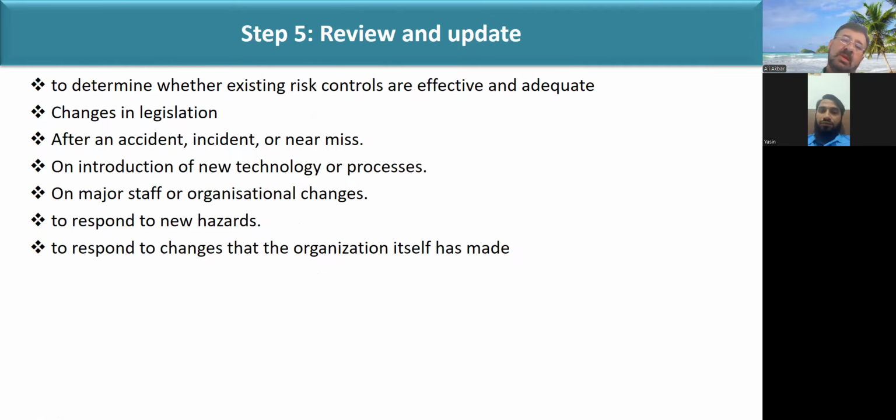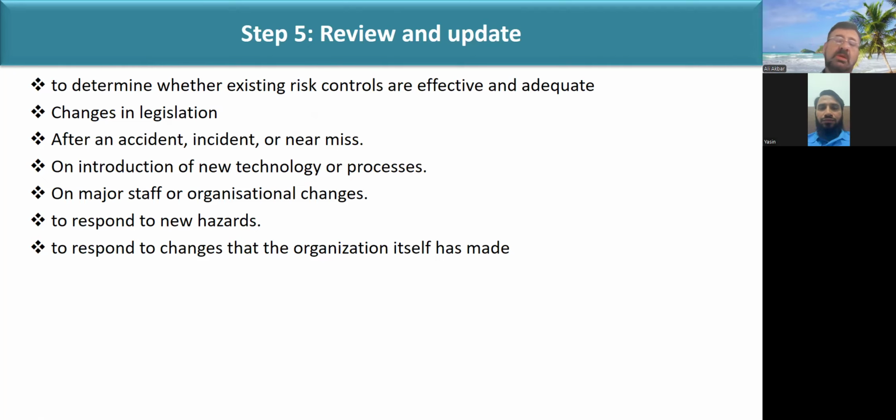See, on a construction site, our risk assessment is dynamic. From time to time we have changes in the workplace, so from time to time we have to update. But in manufacturing companies, it's static. It's not too dynamic, and it remains the same.